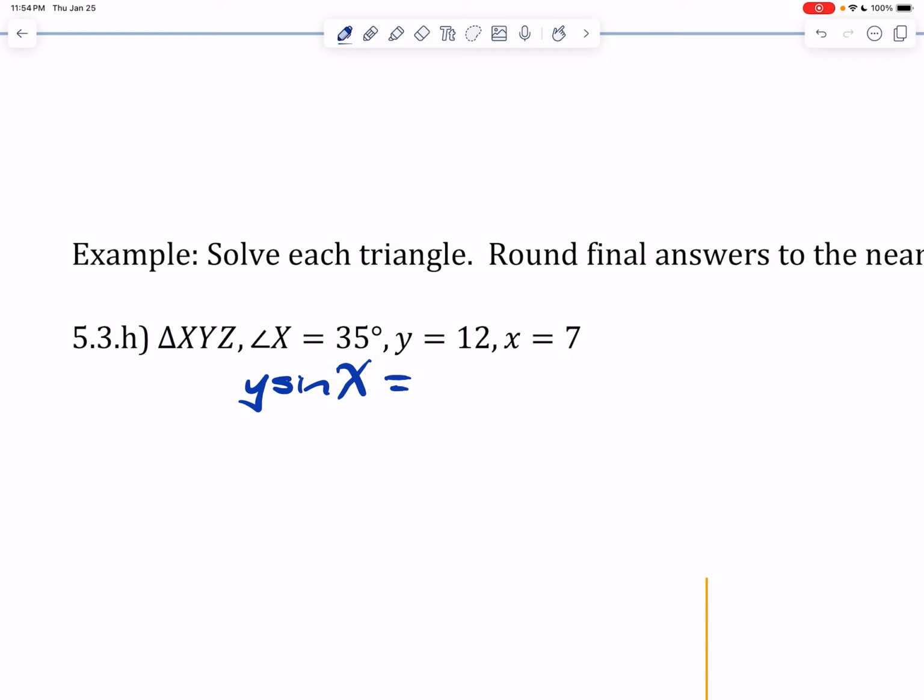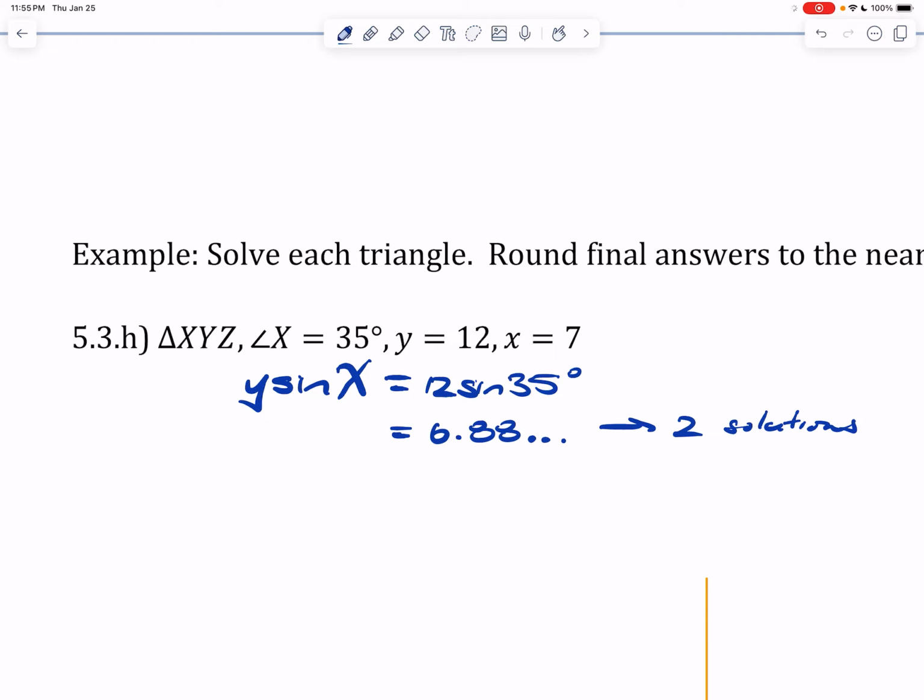In that case, that is 12 sine 35 degrees, which is like 6.88 and some change. Since that's our minimum possible length of x, and x does exceed that, we can say there are 2 solutions.